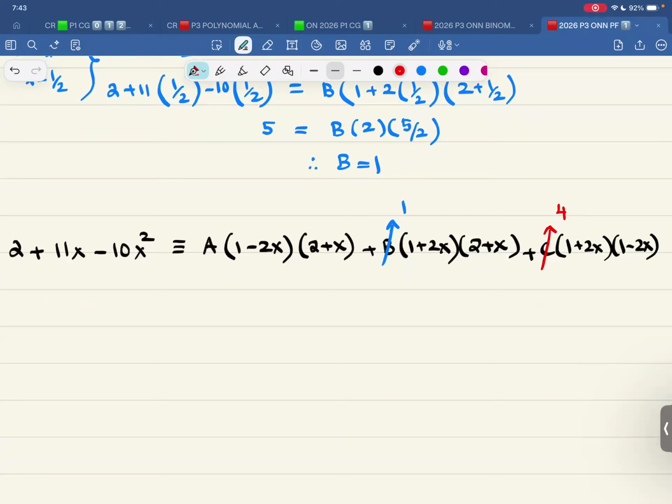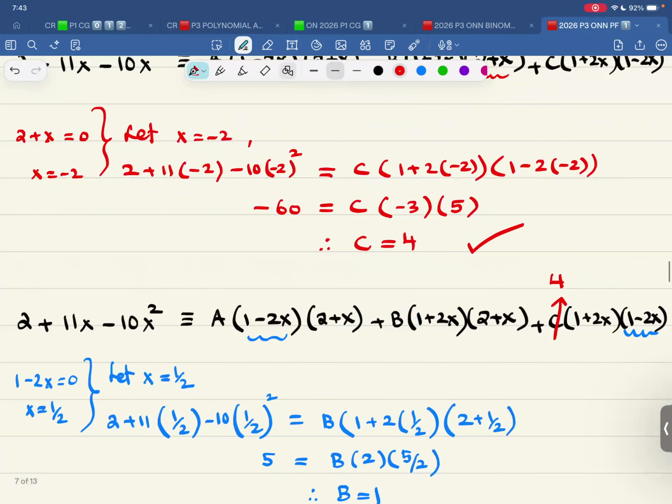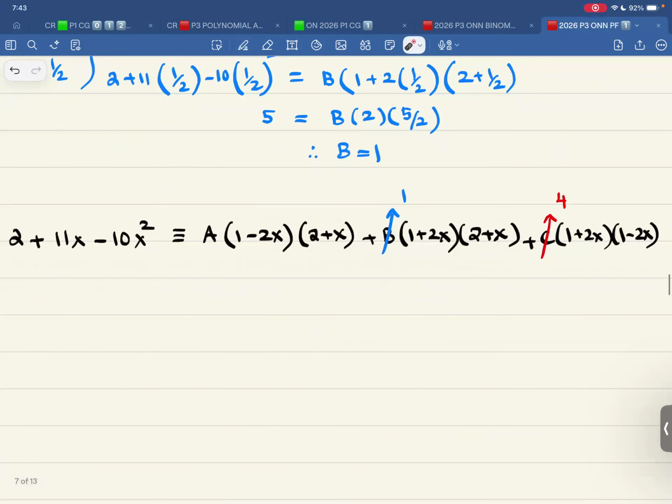The two options are either I can choose a value in this manner. I can choose let 1 plus 2x equals to 0, x is -half. That's one approach. Or let me choose another approach. Since we already know the value of b, since we already know the value of c, let me choose a simple value.